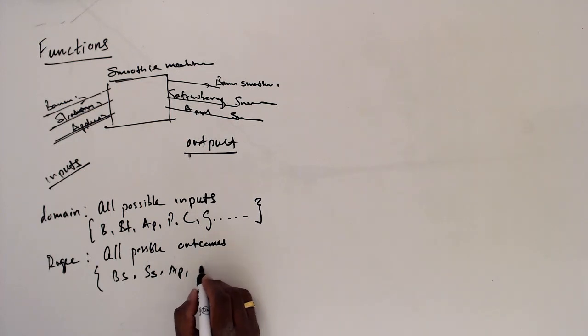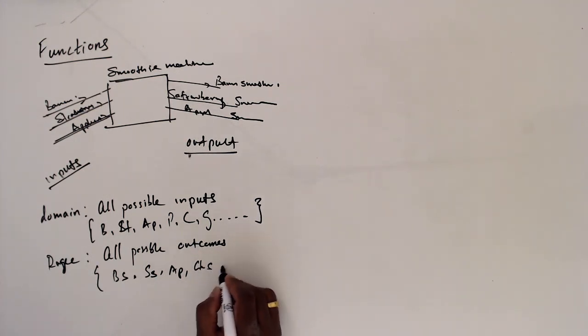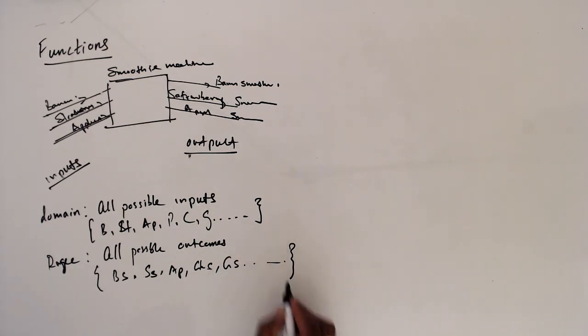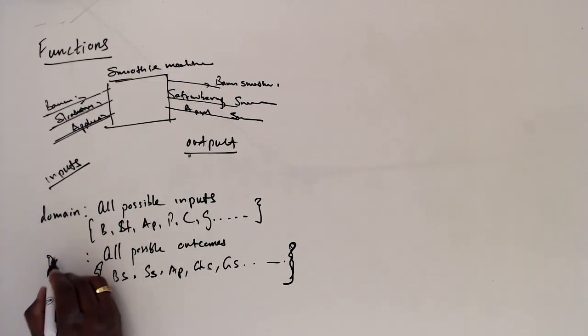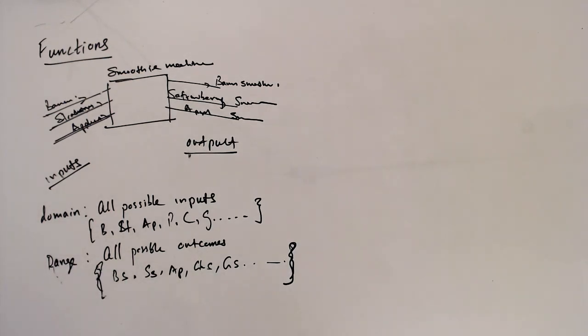Cherry smoothie, grape smoothie, likewise. You can't miss any single one. If you miss a single one, then you can't tell that it is a range. R-A-N-G-E, range.